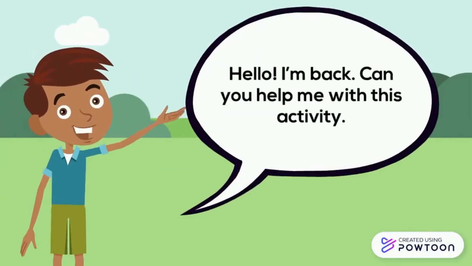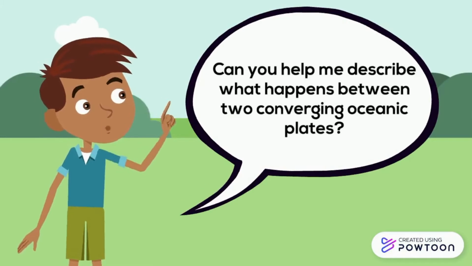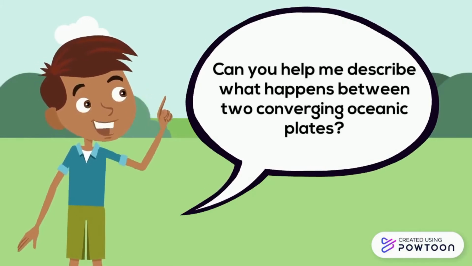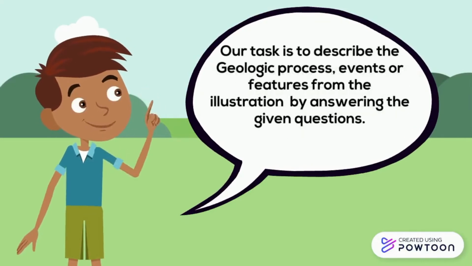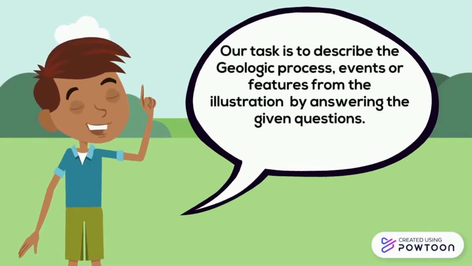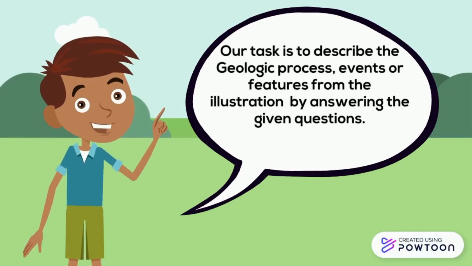Hello, I'm back. Can you help me with this activity? Can you help me describe what happens between two converging oceanic plates? Our task is to describe the geologic process, events, or features from the illustration by answering the given questions.